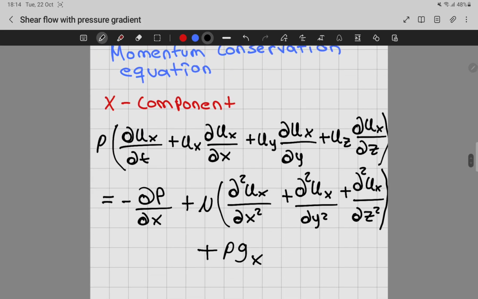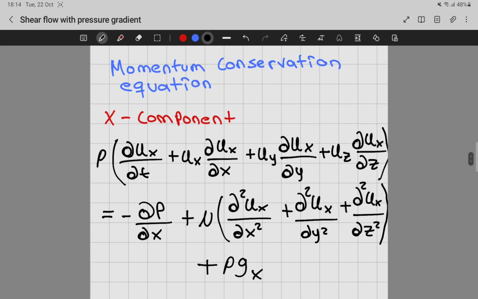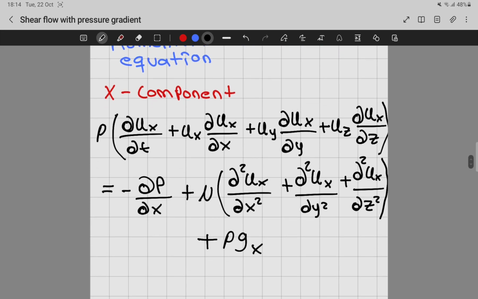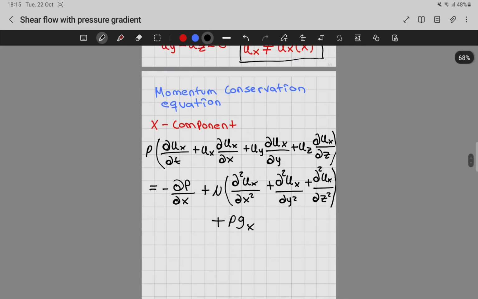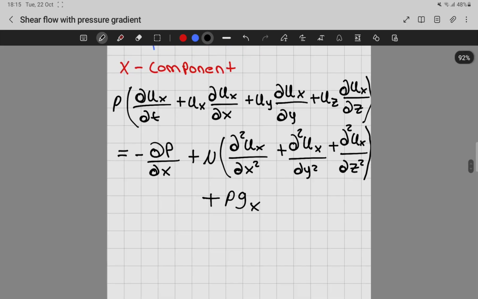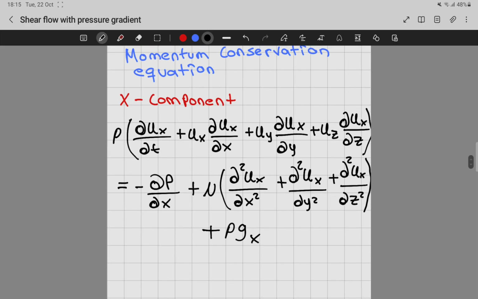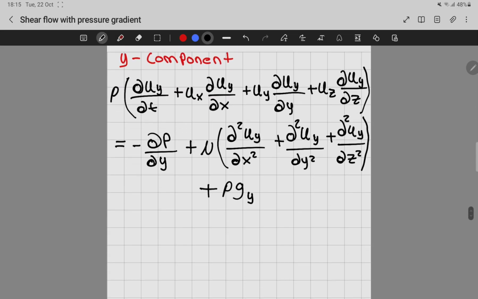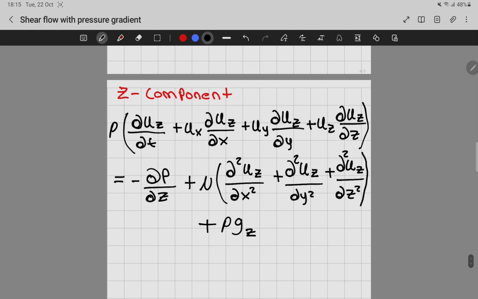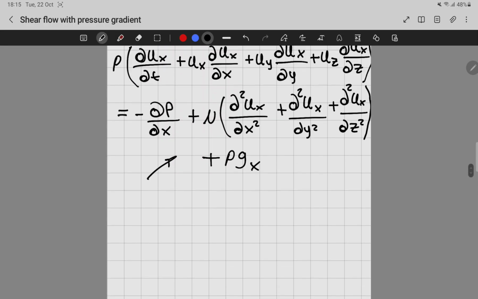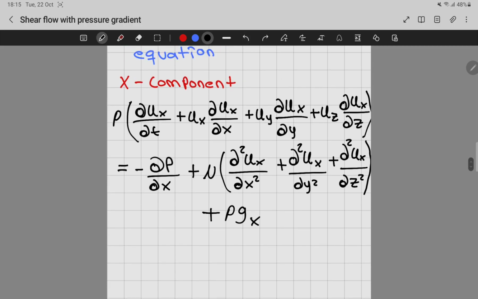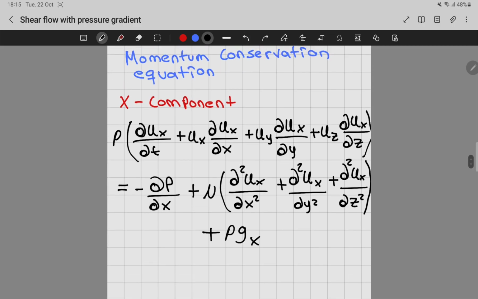And now let's solve the momentum conservation equations. Remember that the momentum conservation equation is actually a system of 3 partial differential equations, one for x, one for y, and one for z. I already wrote down these equations to save some time. Now let's simplify all these terms of the equation in x direction.